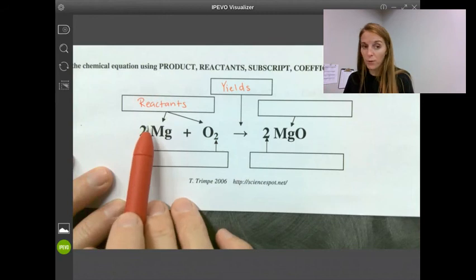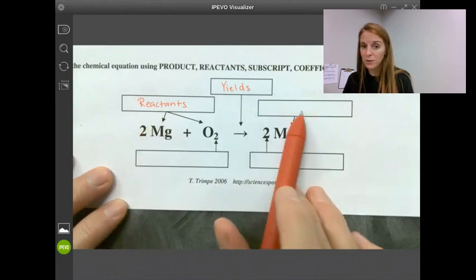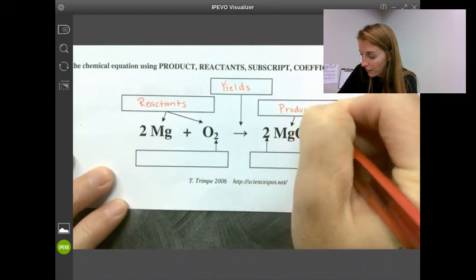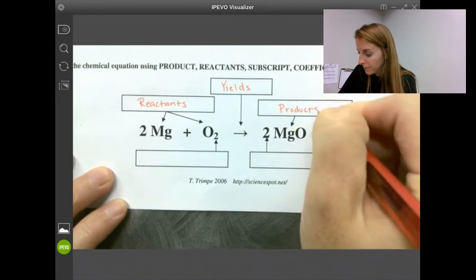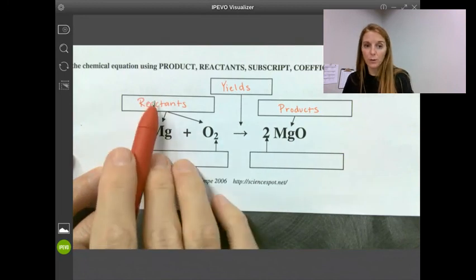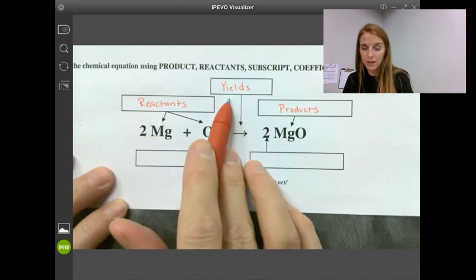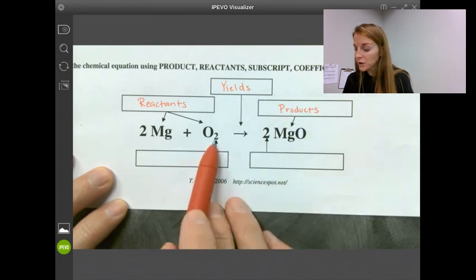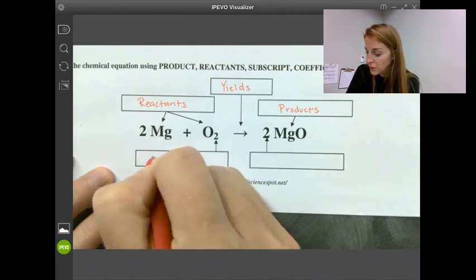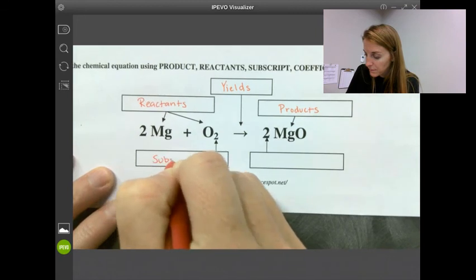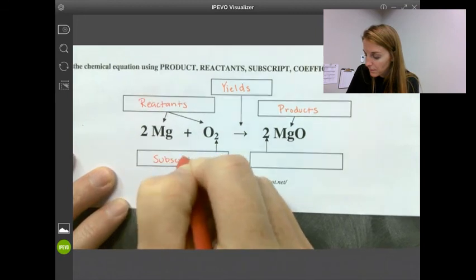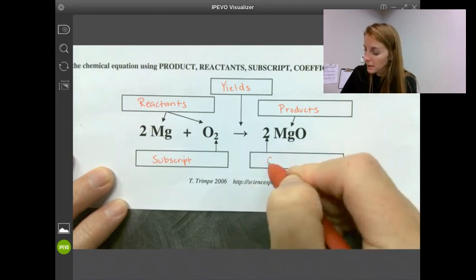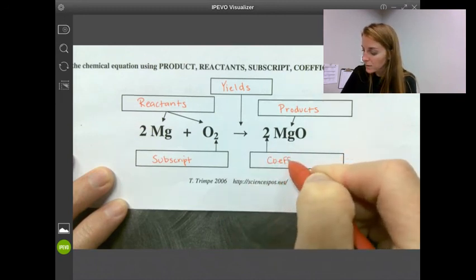So then we have our reactants here, our yield sign. So this would have to be our products over here. So that's what we end up with. So we start with our reactants, yield, a reaction takes place, and then the products are made. And then the smaller number is your subscript. And then the larger number in front, again, is your coefficient.